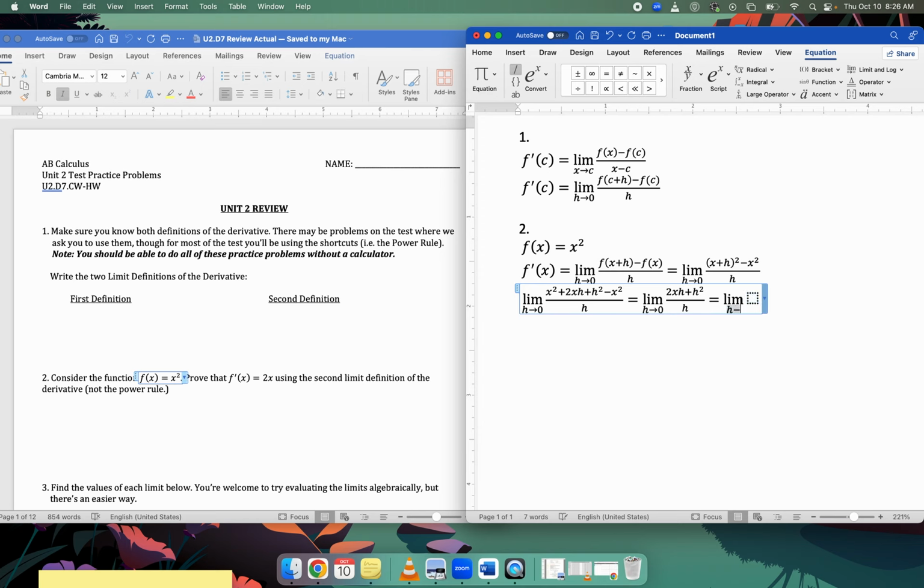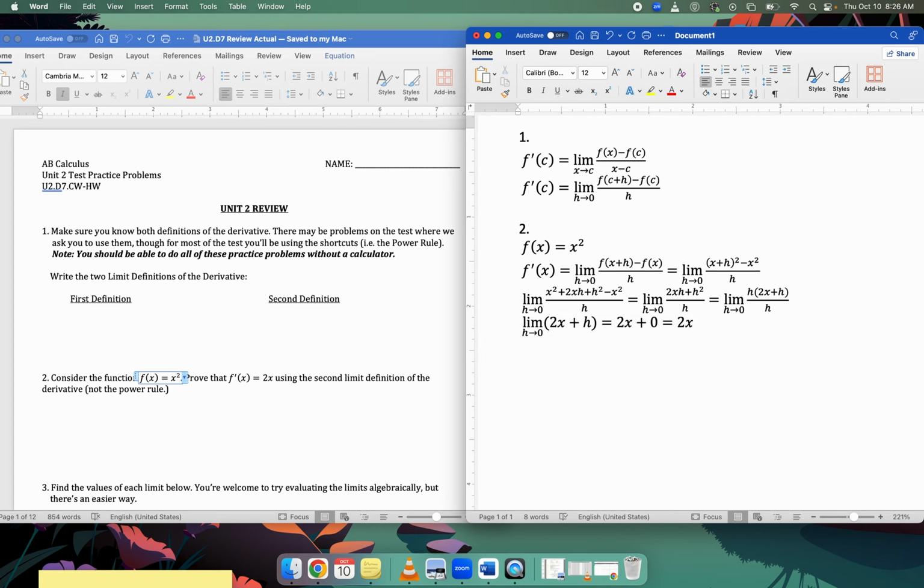You can factor a common factor of h out from the numerator. The h's cancel, and then you're just left with the limit as h approaches 0 of 2x plus h. And if you replace h with 0 now, you just get 2x plus 0, which is just 2x. And that is, of course, the derivative.